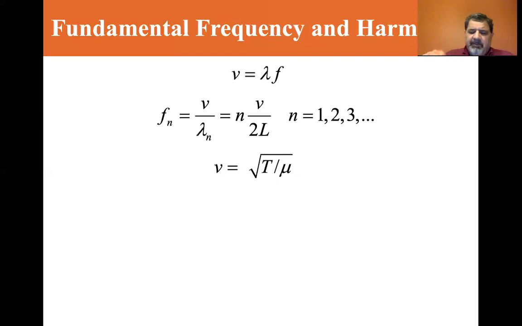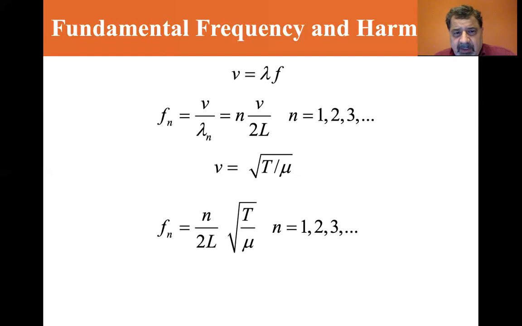You increase the mass density, the velocity goes down, the tone goes lower. Okay, f_n is equal to n over 2L times the velocity. We're taking that top equation and substituting the square root of T over mu for the v. So the frequency is equal to n over 2L times the square root of the tension divided by the linear mass density.